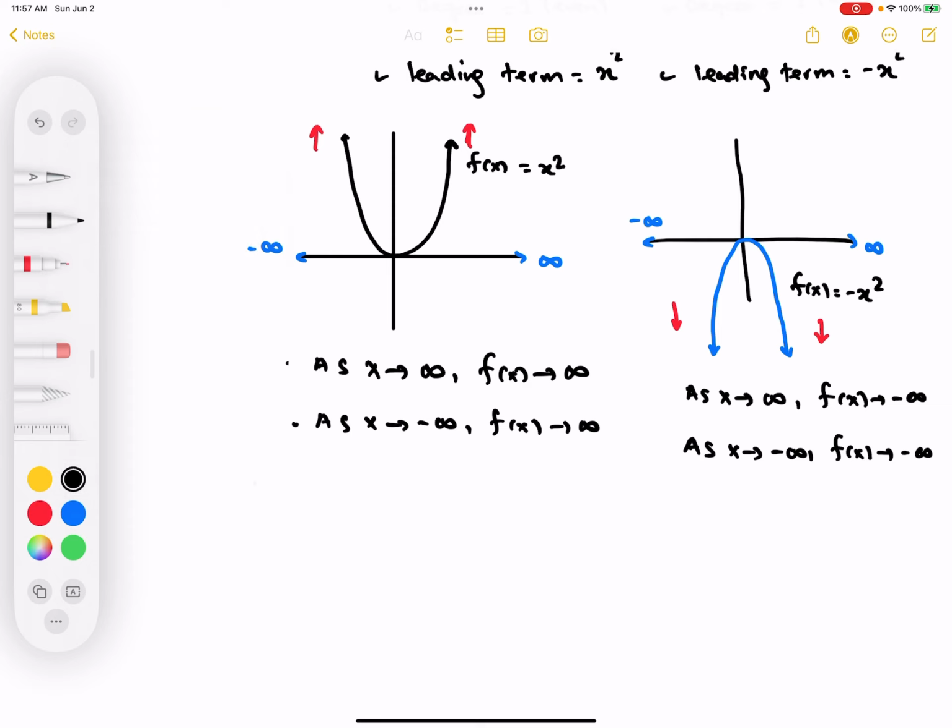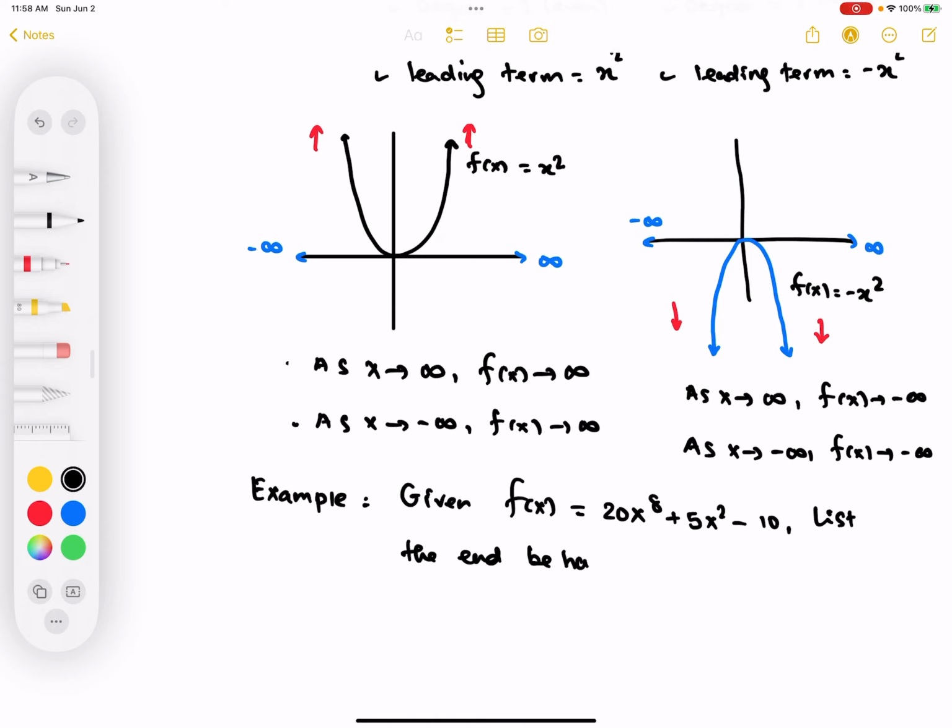Let's see an example. Given f of x is equal to 20x to the 8 plus 5x squared minus 10, list the end behavior of this polynomial function.